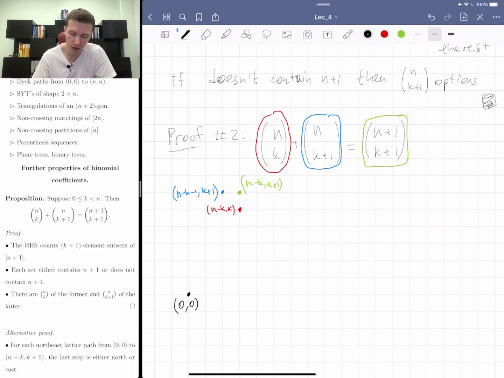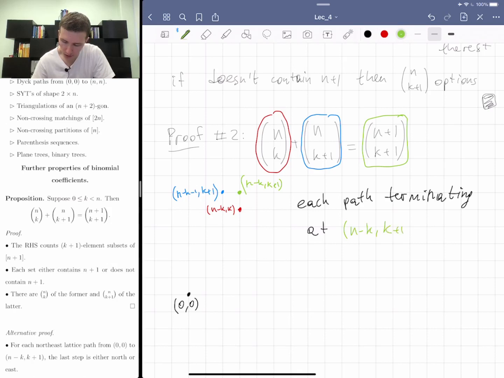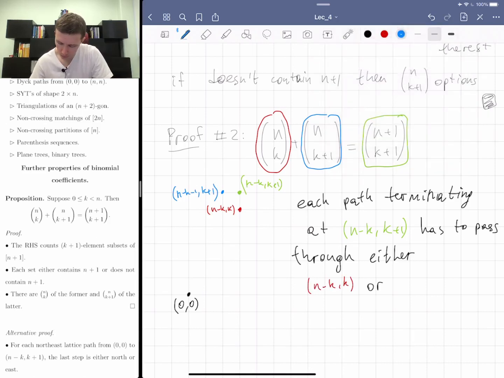So each path terminating at the green point n minus k, comma k plus 1 has to pass through either the red point n minus k, comma k, or the blue point n minus k minus 1, comma k plus 1.